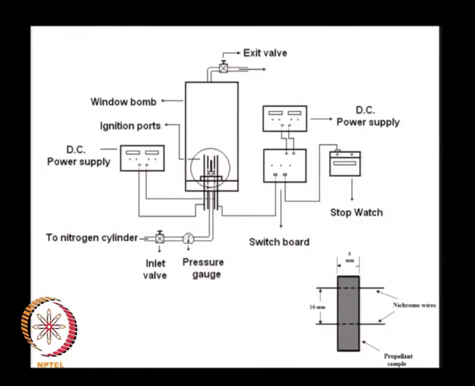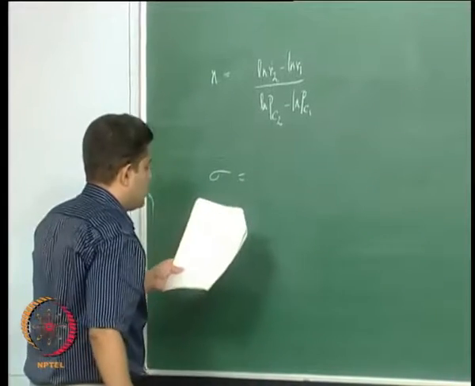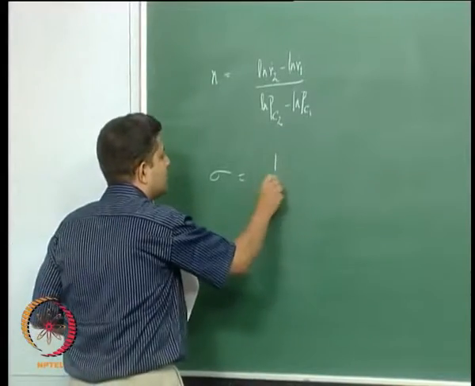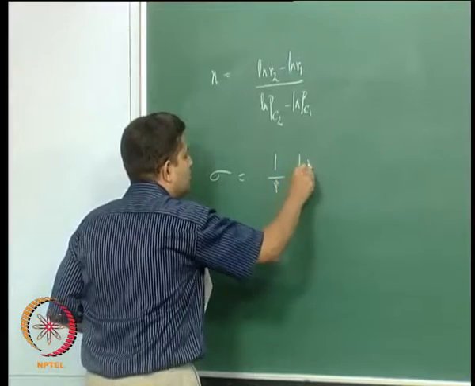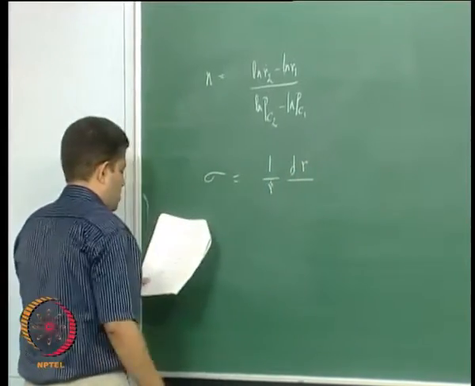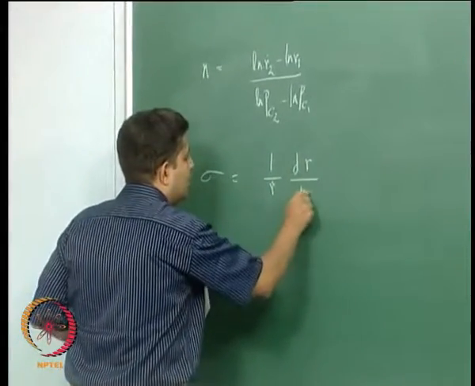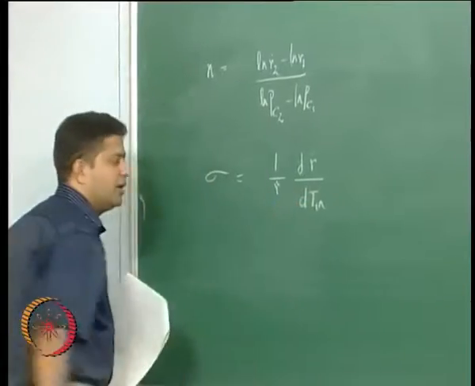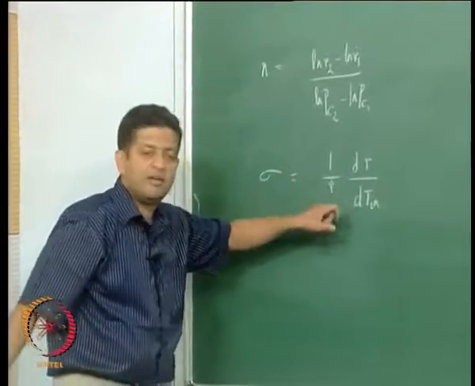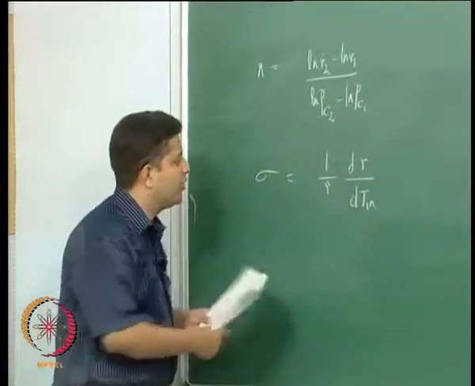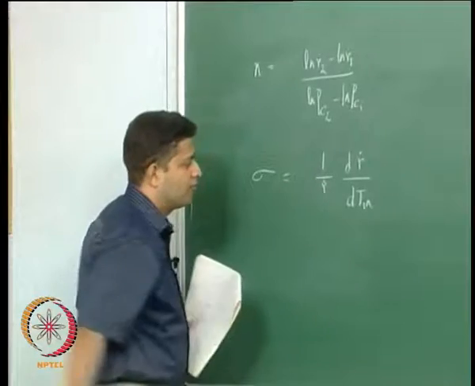And similarly, sigma I can rewrite it as 1 by r dot into dr dot by dTin. That is, we are taking the logarithmic derivative here and taking the r dot out. Okay.